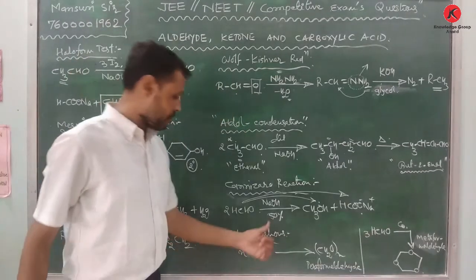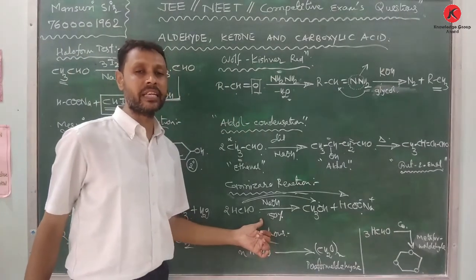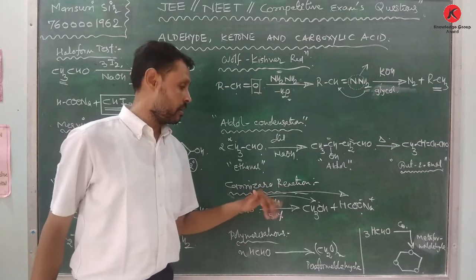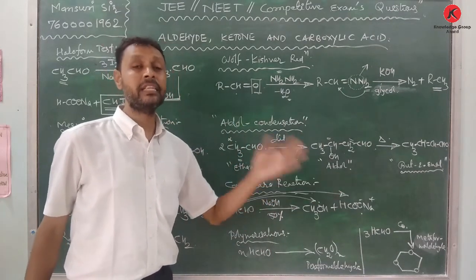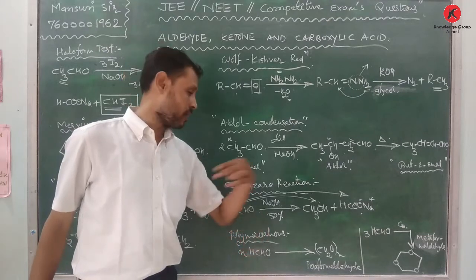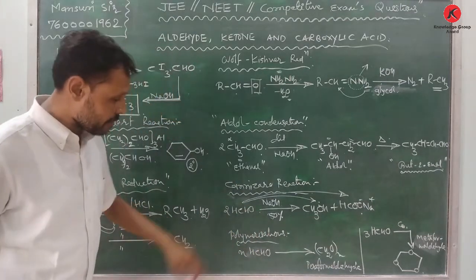So we can say that by the Cannizzaro reaction, one aldehyde is converted to carboxylic acid or sodium carboxylate, and the second aldehyde is converted to alcohol.